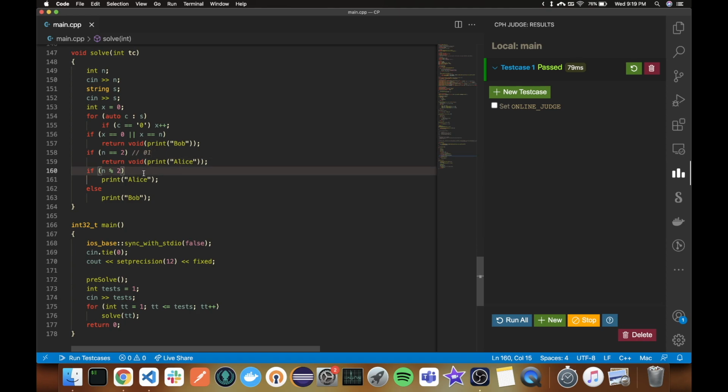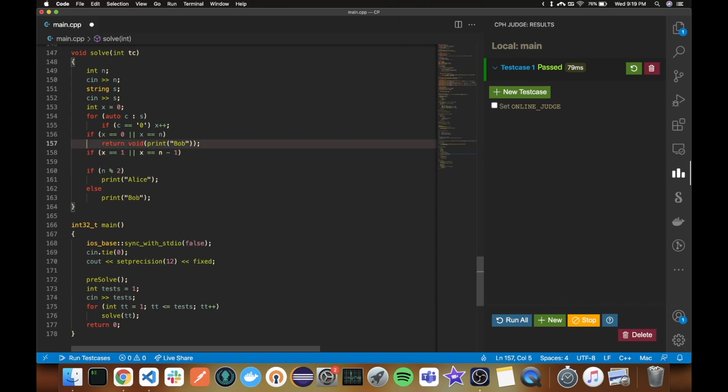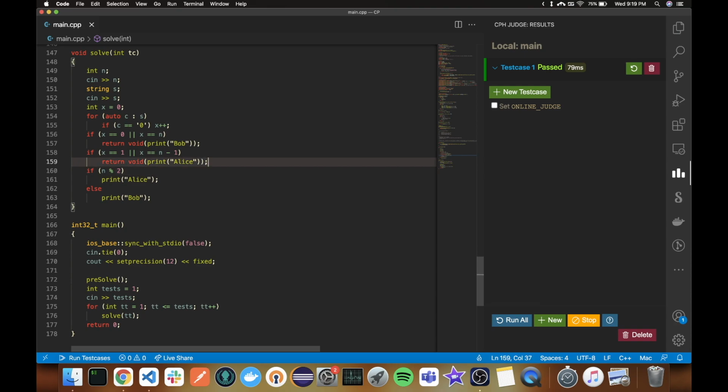No, not if... I don't even have to worry about this. Okay, so the thing is, if x is equal to 1 or x is equal to n minus 1, then Alice wins. Right. Otherwise this would happen.